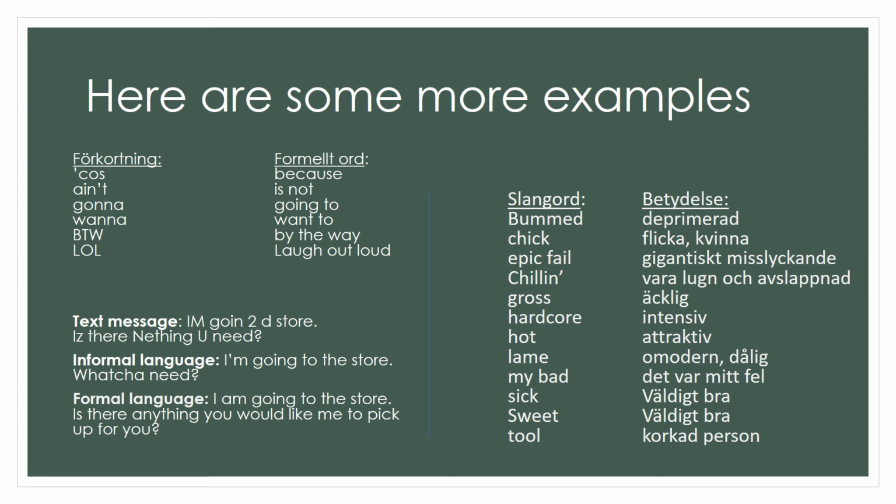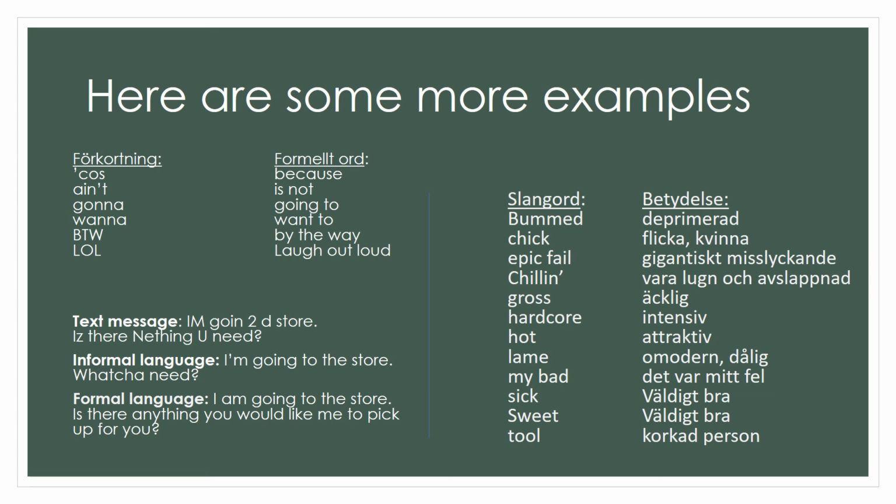Is there anything you need? I don't use this kind of language, but I guess it is very popular today, especially by adolescents. But this means, in informal language, I'm going to the store, what you need. And in formal language, you can say, I am going to the store. Is there anything you would like me to pick up for you?